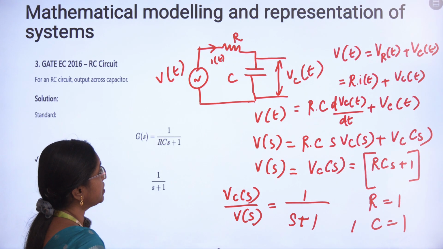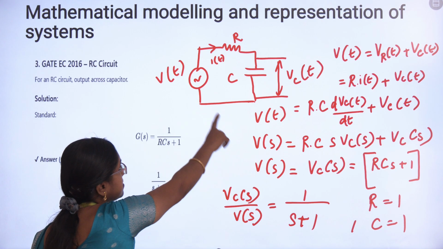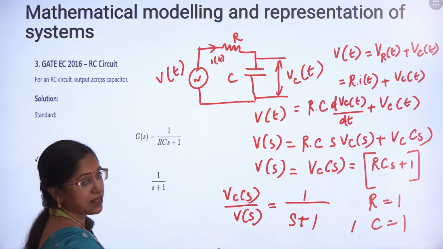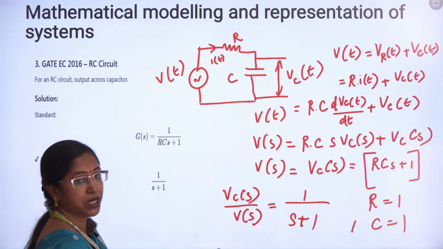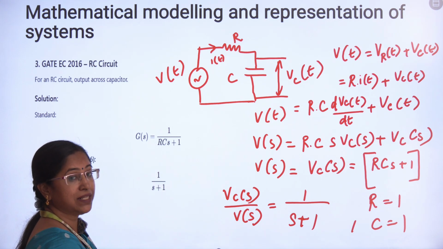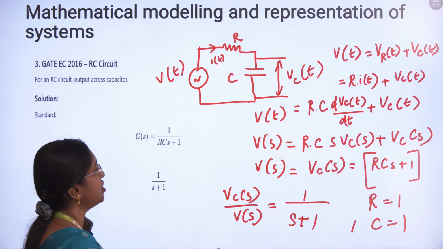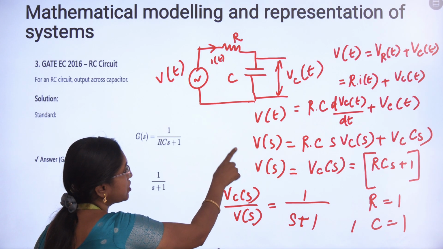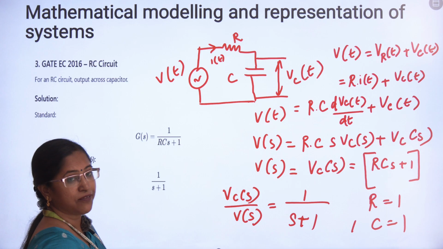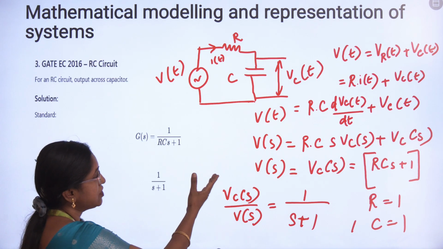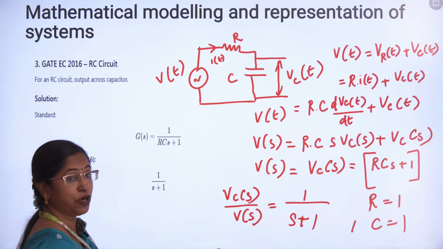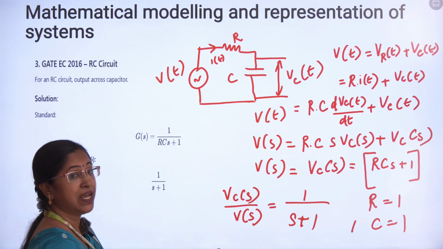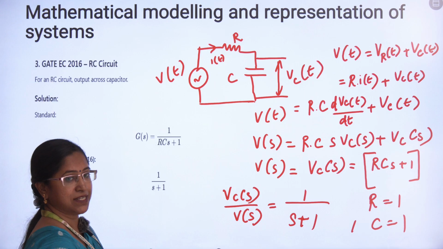Since R and C are in series, the current flowing through the resistance will be the same current flowing through the capacitance. When you write that in terms of capacitance, the current formula for capacitance is C into dVc of t by dt. So we have got the total voltage equation in terms of the capacitor voltage.